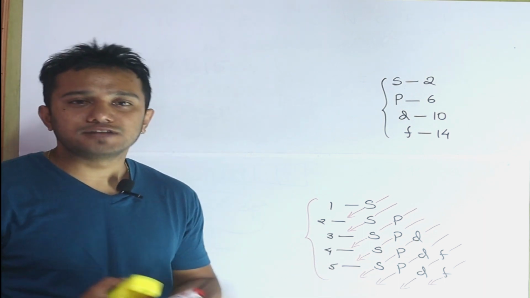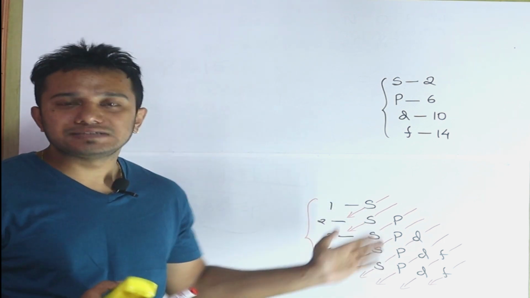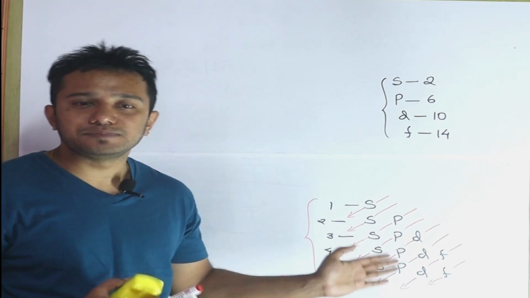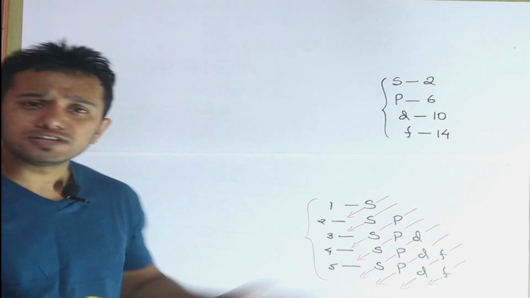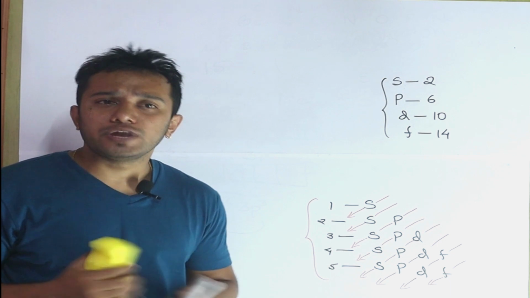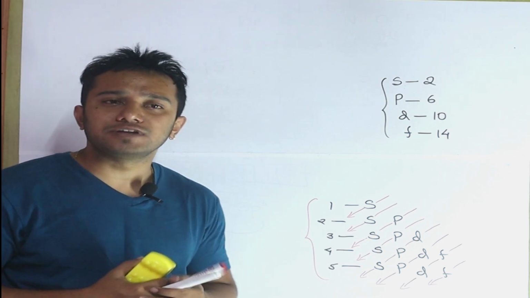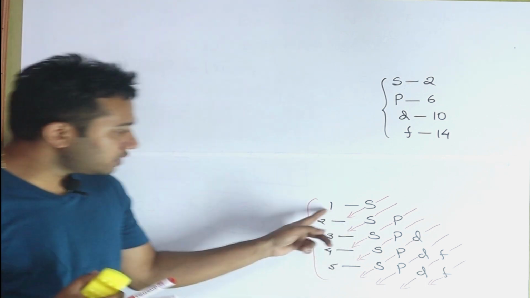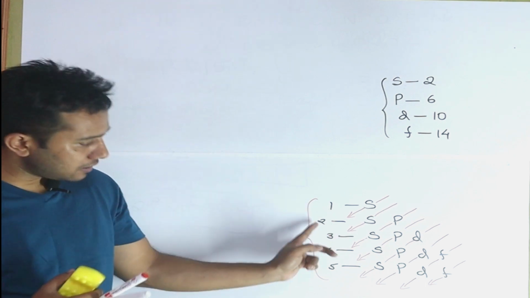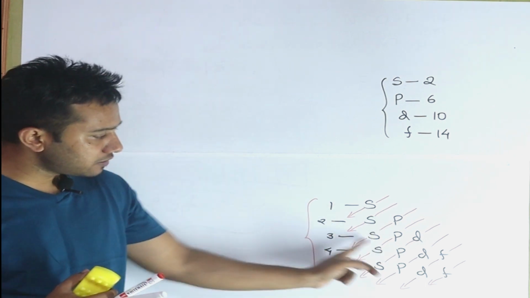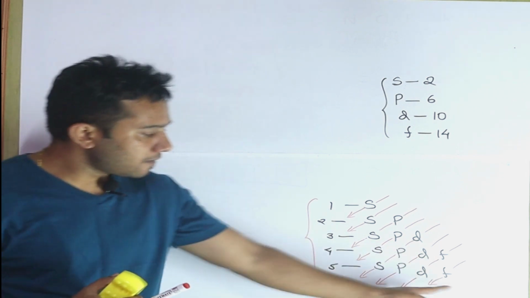So there are the number of shells 1, 2, 3, 4, 5, and these are the subshells s, sp, spd, spdf. Using this, we will try to understand how electrons are supposed to be filled and in which orbitals we are supposed to fill the electrons first. Whatever subshells are in this line, these come under 1, these under 2, 3, 4, and 5.